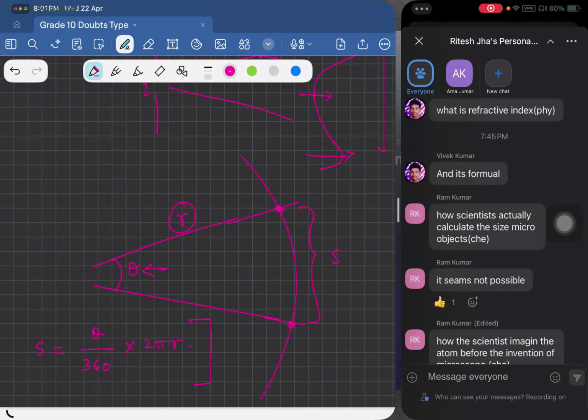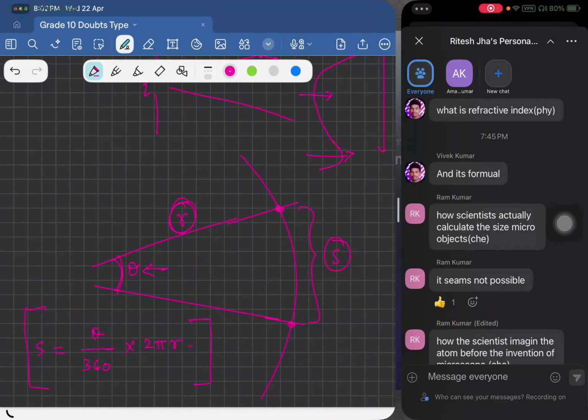Have you learned this formula, arc length? No, sir, it's actually new for me. Okay. In maths, the length of the arc of a circle is something you have covered in grade 7, grade 8. So if you know s and r, you can easily calculate theta.